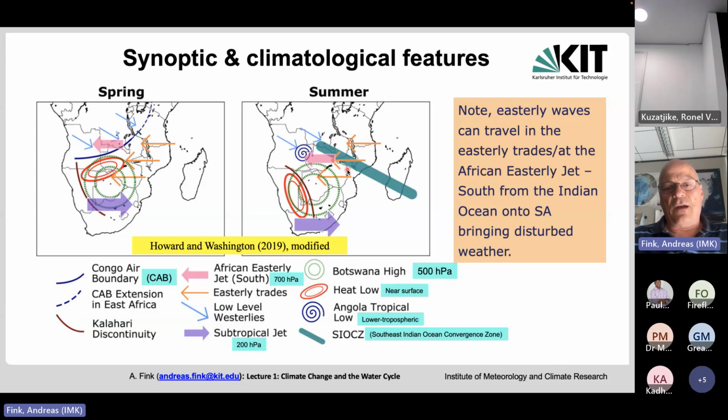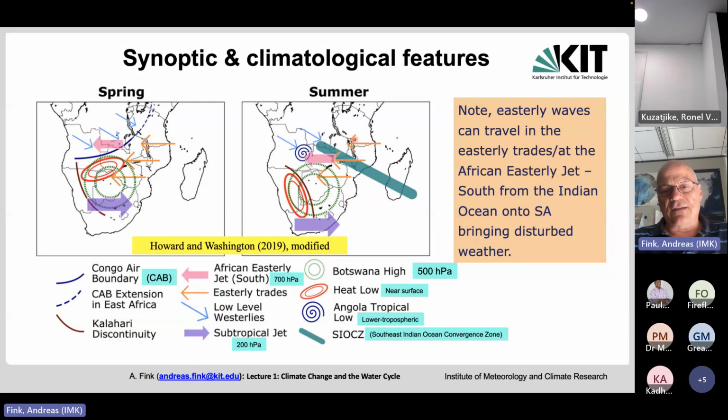There is a heat low over the Kalahari, Botswana area. We do have a jet over southern Africa at 700 hectopascal, that's about 3 kilometers. At mid levels, we have a high pressure system and we have a subtropical jet. These are the players of the weather in austral spring and in austral summer.